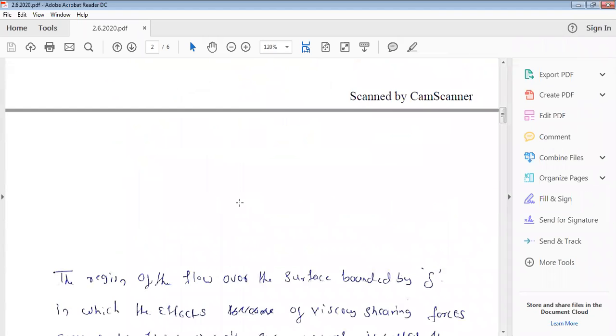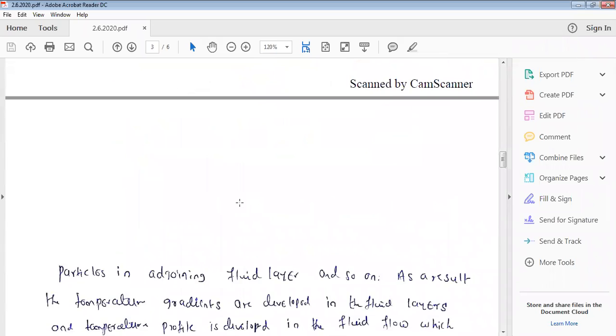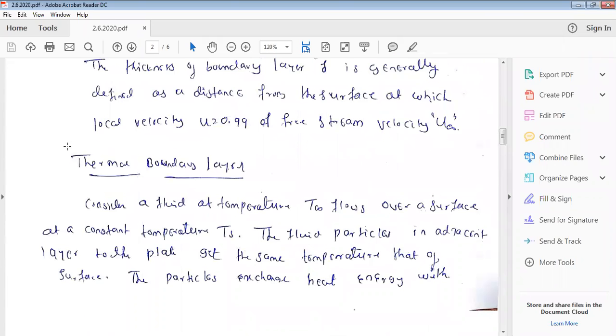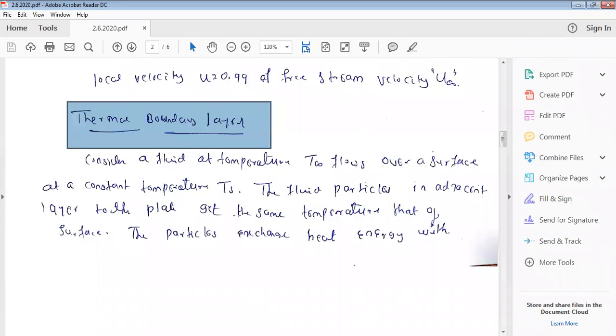Now we will discuss the thermal boundary layer. Here in the thermal boundary layer, we need to study the variation of temperature with respect to the horizontal plate, when any fluid or air is passing above it.